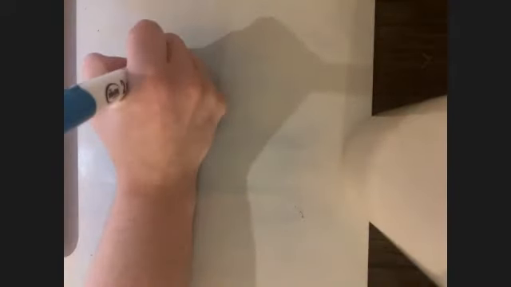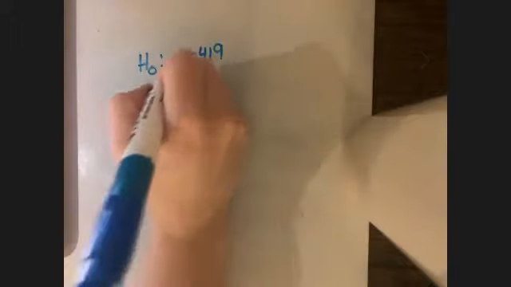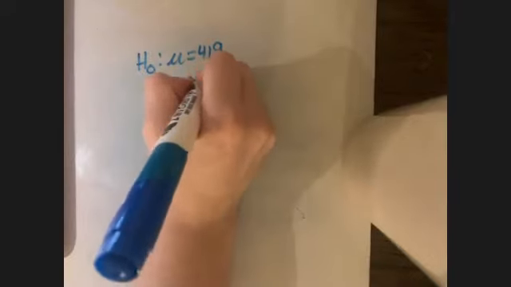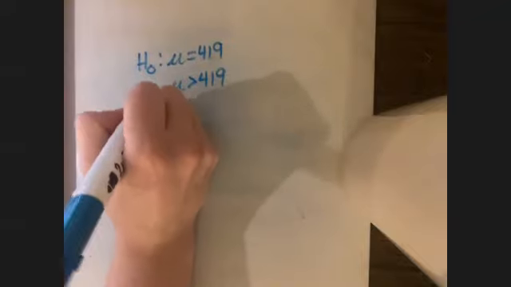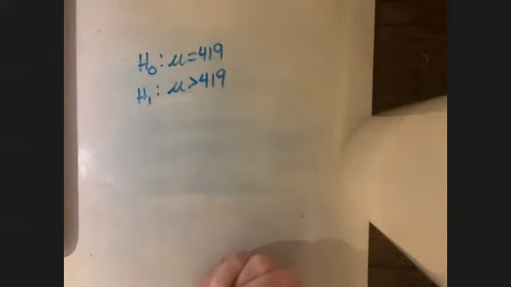First off, we're checking against the average amount, 419. They made the statement to see whether it increases the amount of fruit, so they're trying to prove that it goes higher than 419. So this is our null.